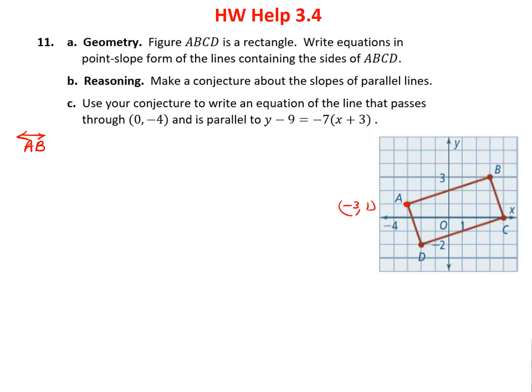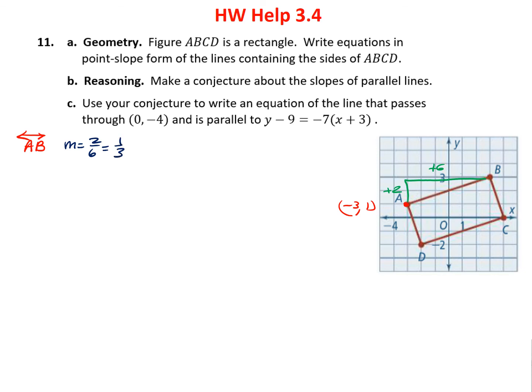What's the slope of the line here? If I draw my little slope triangle, I have plus 2 up and 1, 2, 3, 4, 5, 6, plus 6 over. So my slope here is 2 over 6, which is 1 over 3.